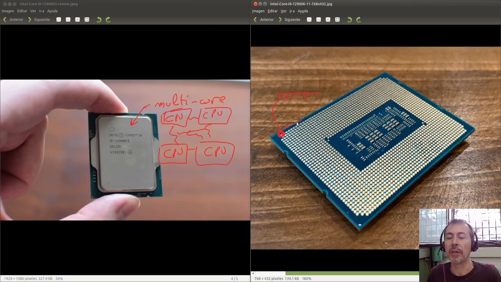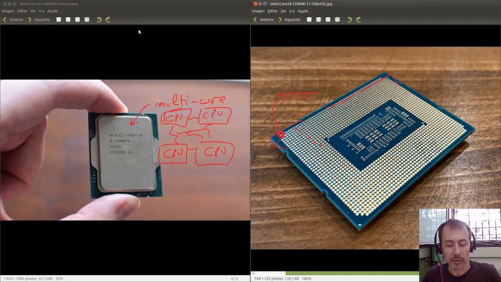But it depends on the model. They change almost every year or 2 years. They change the number of pins, the form of the chip, and whatever. So there are different chip providers that have different form factors, and so on.